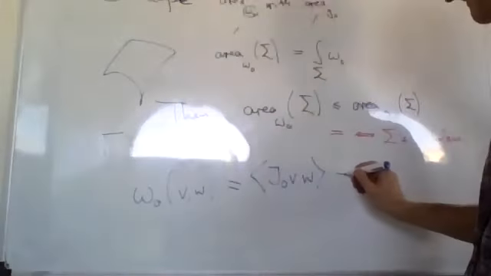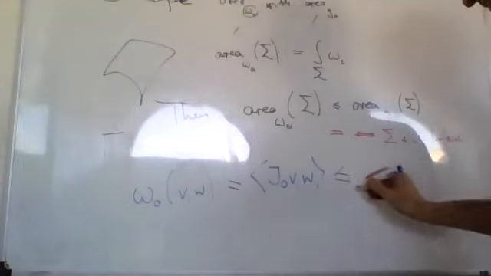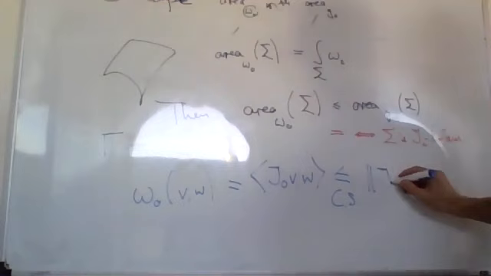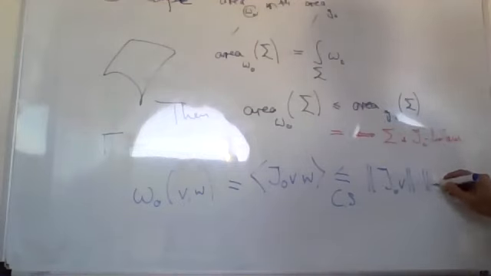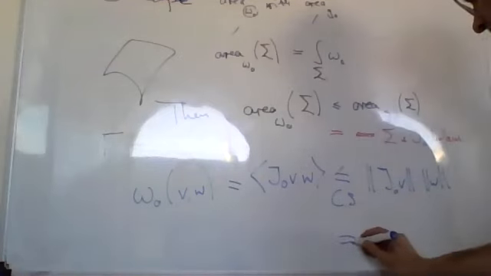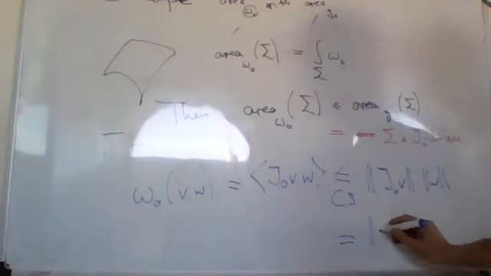Proof. Sorry. So by Cauchy-Schwarz it is less than this, which is exactly this, and this is always true.